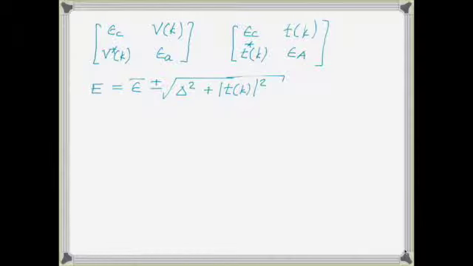You never need to do another 2x2 Hamiltonian. Once you figure out what the off-diagonal coupling term is for graphene, you immediately have the dispersion for graphene, you will see. We'll leave it at that for the moment.